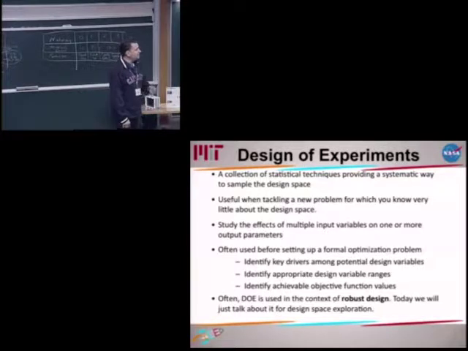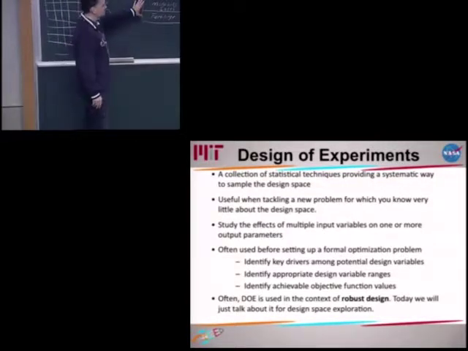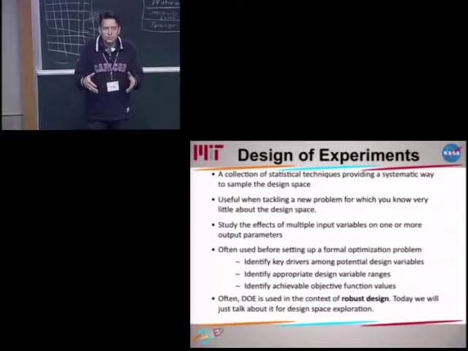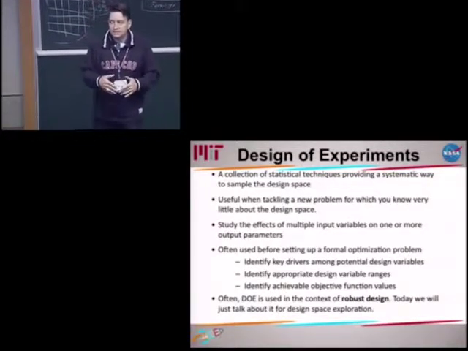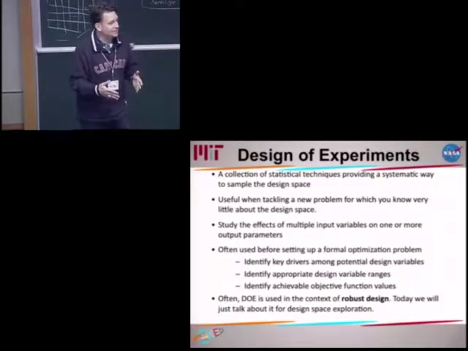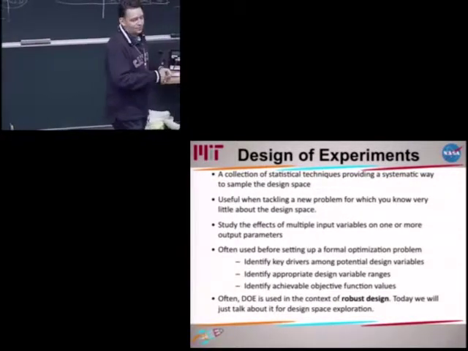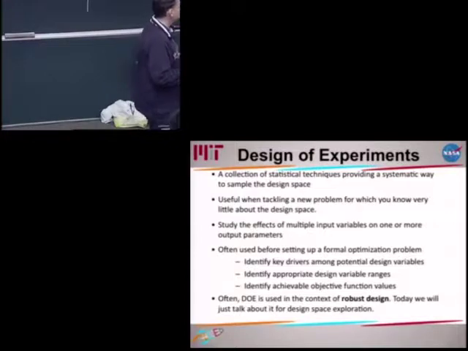You want to study the effects of multiple inputs on one or more output parameters. So in this case, we may be just interested in the amount of wheat that we're collecting, but you might want to know other things about the wheat, like the grain distribution or something else.